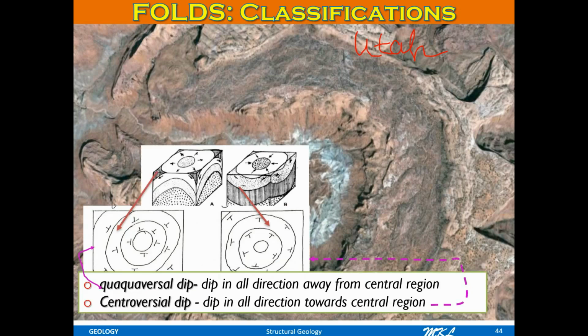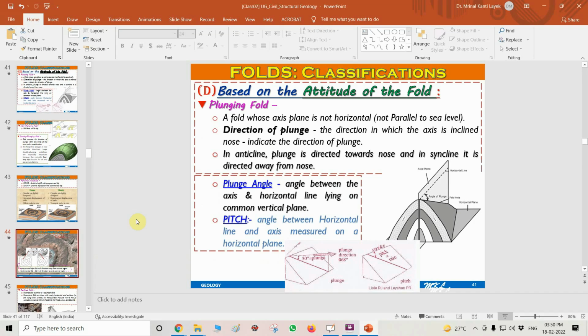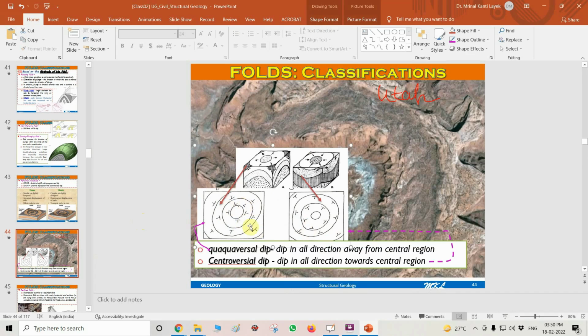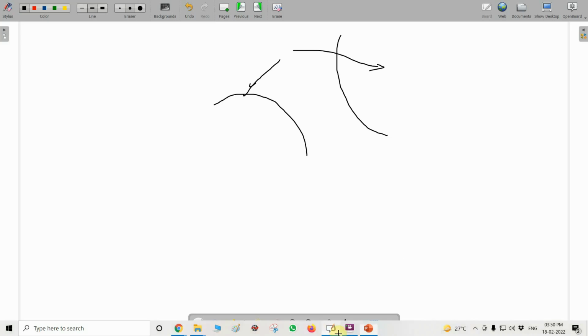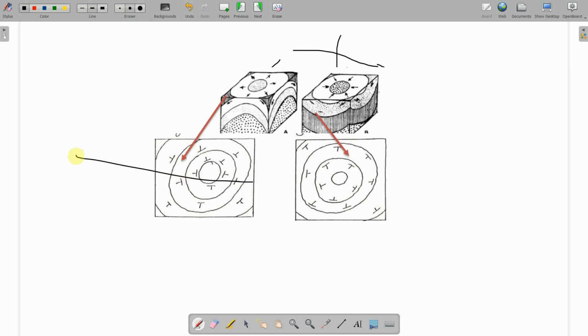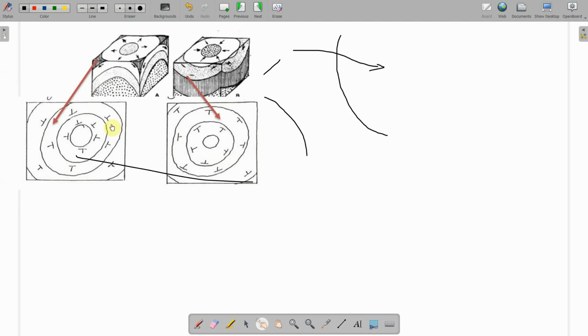Let me explain this. What do I mean by this? What does this T mean? This T means this is the strike direction and this is the dip direction. You know that the dip is perpendicular to the strike direction.